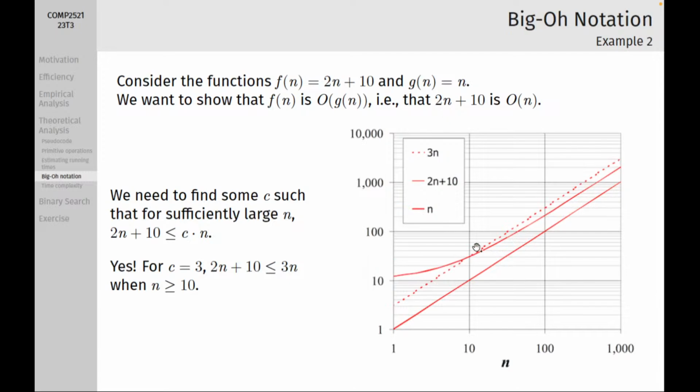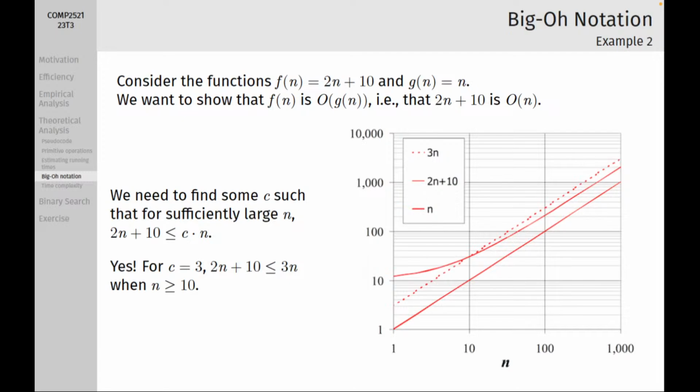But this is 2n plus 10. And g of n is the solid line at the bottom, so it's this straight line. What we want to show is that f of n is big O of g of n, that is, 2n plus 10 is big O of n.